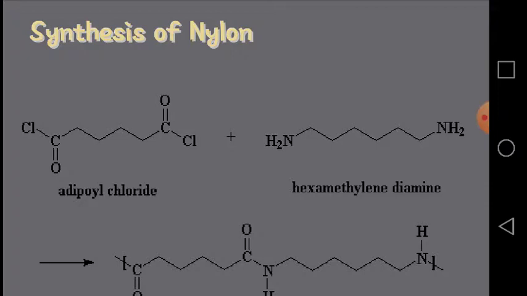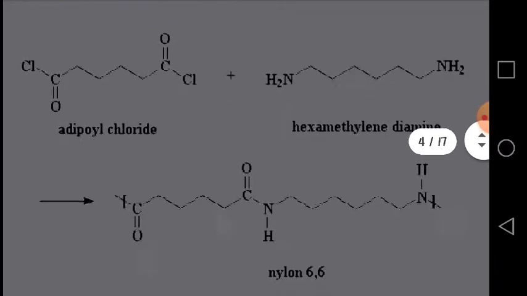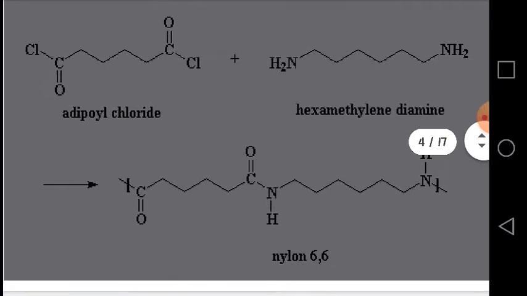Adipoyl chloride has a chloride functional group, while the hexamethylene diamine has two amine groups as functional groups. When the chloride from adipoyl chloride and H from the amine group of the hexamethylene come closer to each other, they release HCl and form a new polymer.